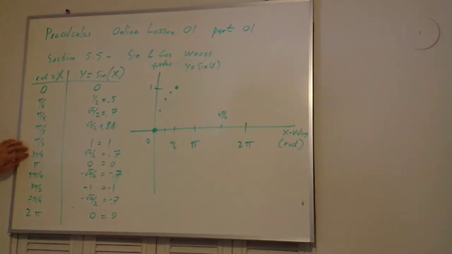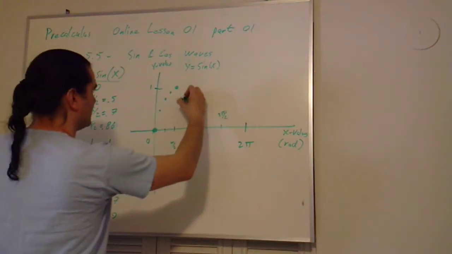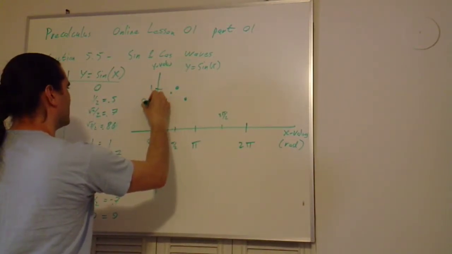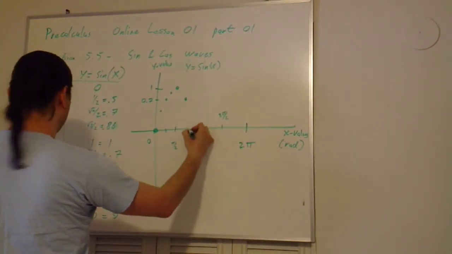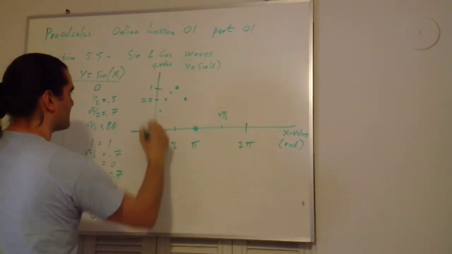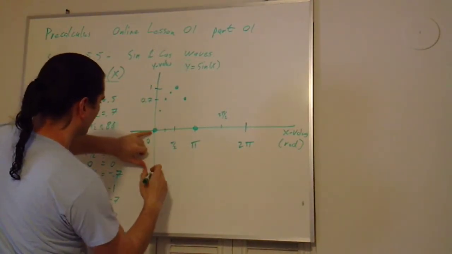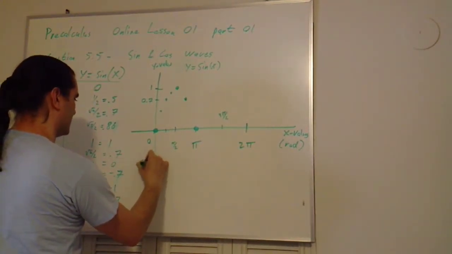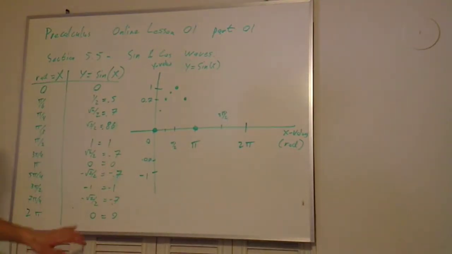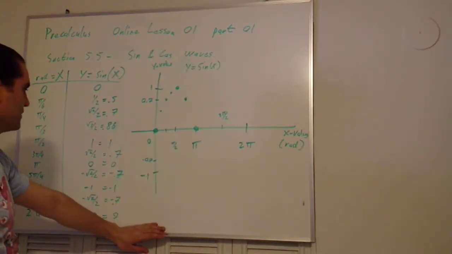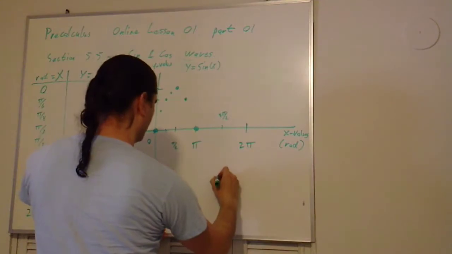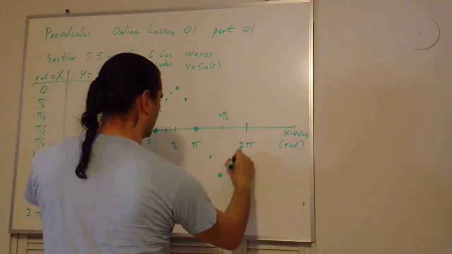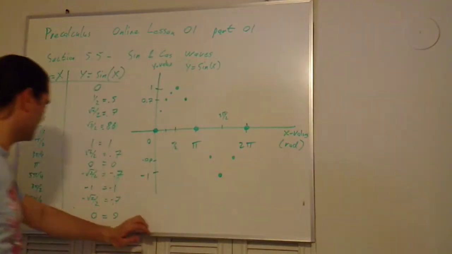At 3 pi over 4, I'm going to be back to this 0.7 number. It's about right here, I think. And then back to 0 for pi. Here's negative 1. Here's negative 0.7. So at 3 pi over 2, I'll be down here at negative 1. I'm going to hit negative 0.7 in between these guys, and then I'll be back to 0 at 2 pi.